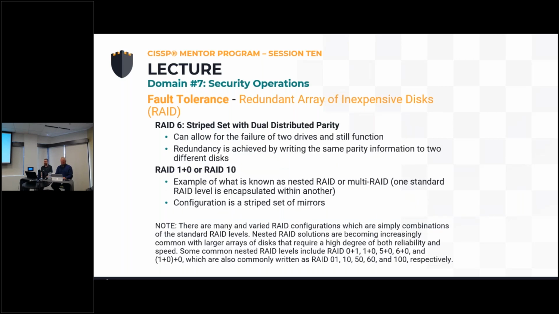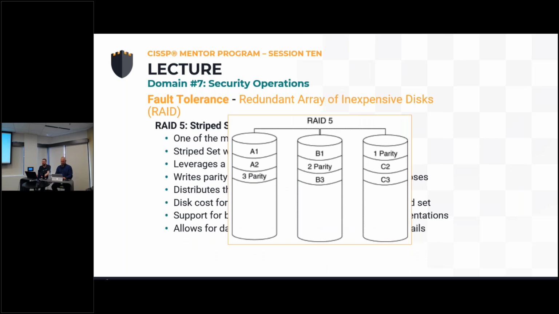RAID 6, stripe set with dual distributed parity. You can have 2 drive failures. So same concept as RAID 5, you're just now writing the same parity bit to multiple drives. So you could have your parity bit here, and it would duplicate that to one of these other drives, so you would have dual copies of that parity bit.